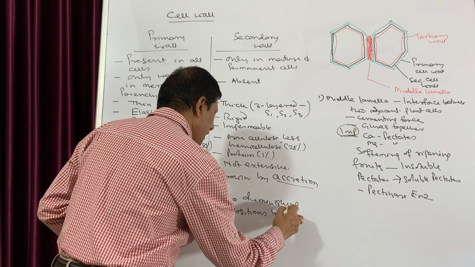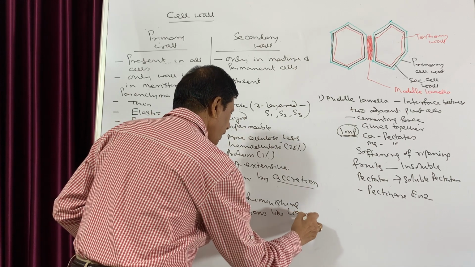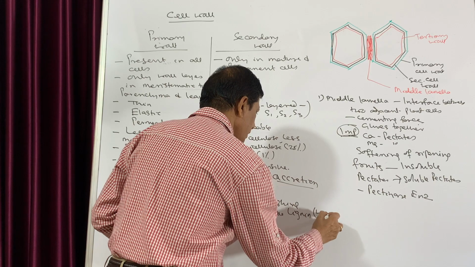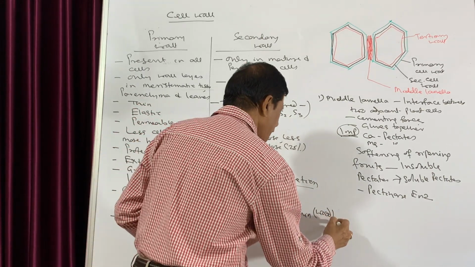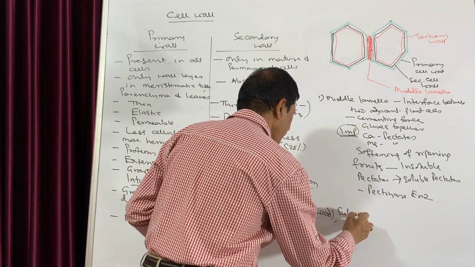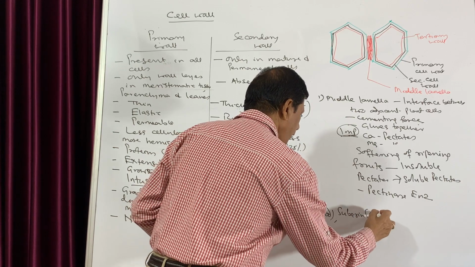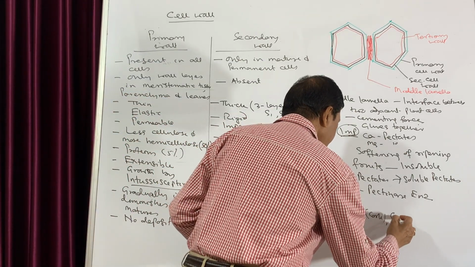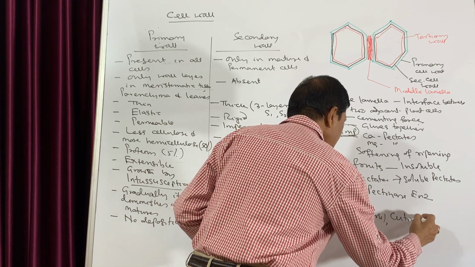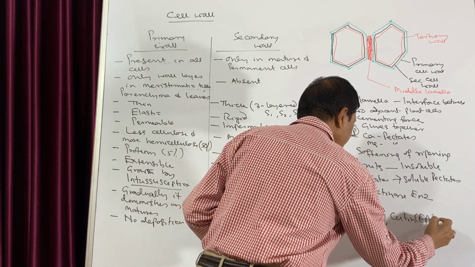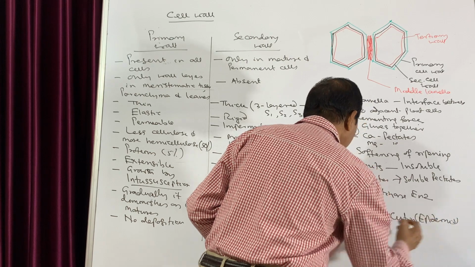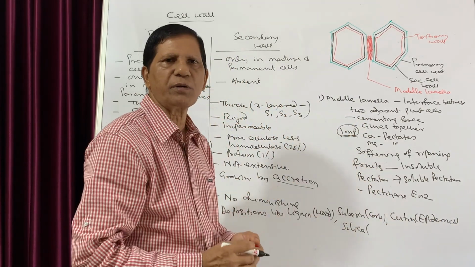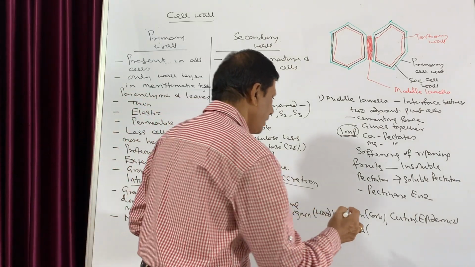Like lignin. Lignin is usually present in case of woody substances. There may be deposition of suberin, as in case of cork cells. There is deposition of cutin, as in case of epidermis, and there will be deposition of silica, as in most of the monocots.